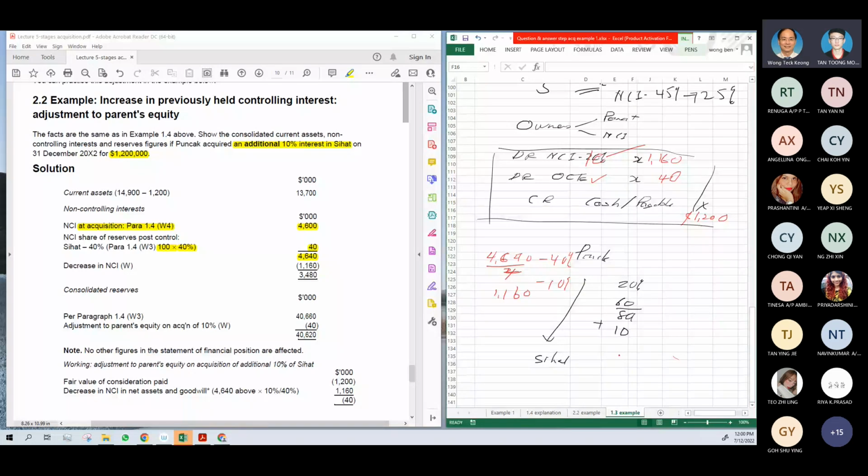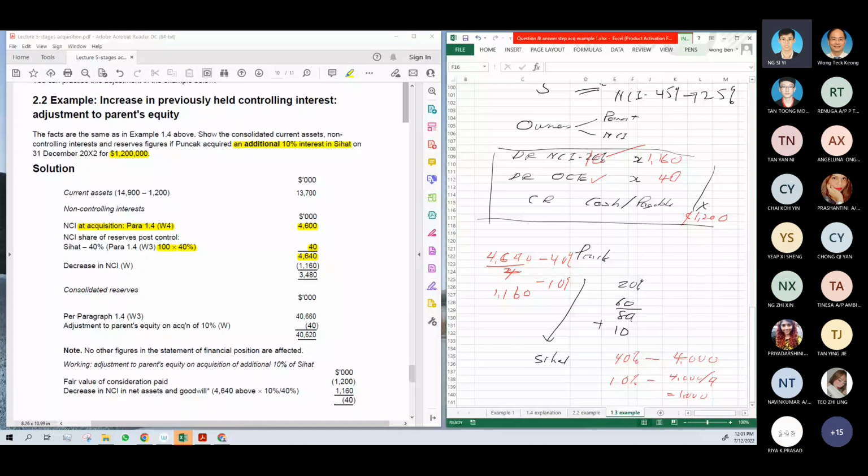If 40% equals 4,000, 10% is how much? 4,000 divided by 4 equals 1,000. Agree? Same thing here. 40% equals 4640 divided by 4 is 1160. Understand? This is standard form 3 mathematics. Don't worry. Now we go on.